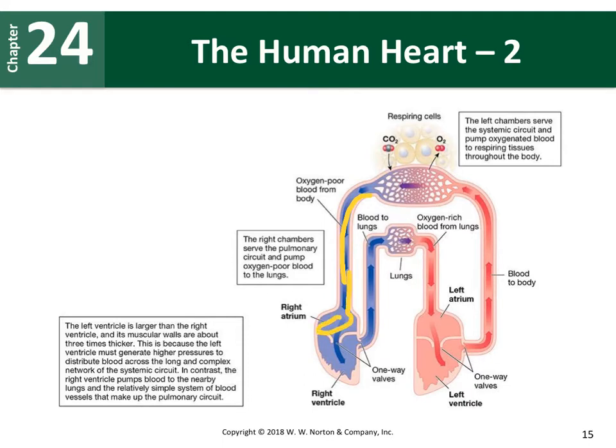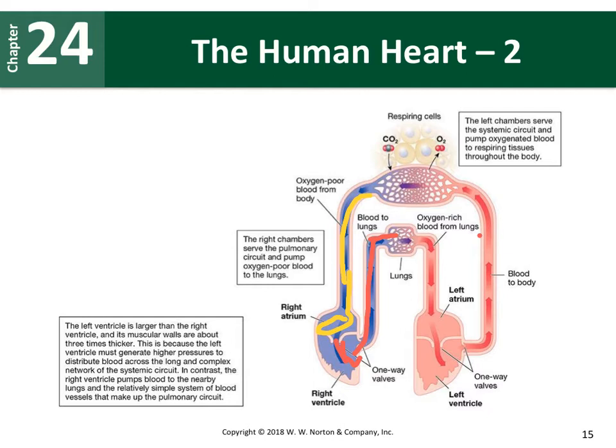And here's the right atrium. It's then pumped into the right ventricle. The blood is then pumped to the lungs, and the alveoli, where the carbon dioxide is exchanged, and then oxygen is taken in and carried by the hemoglobin.